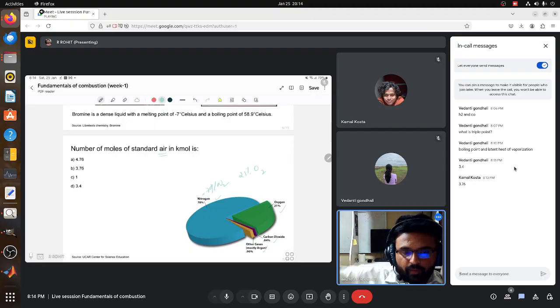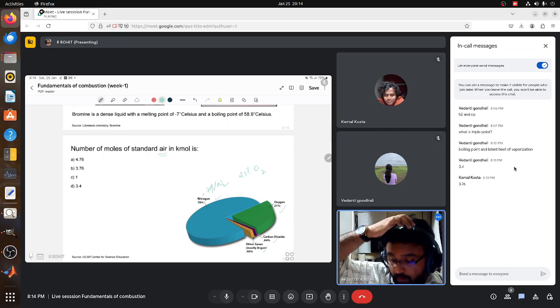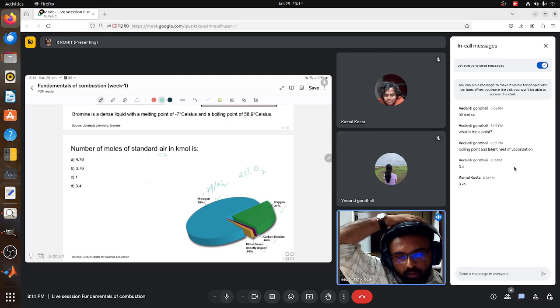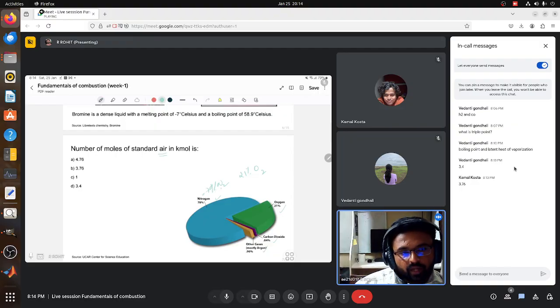So by volume, the total volume, say 100%, is 79% nitrogen and 21% oxidizer. So you will have some amount of O2 and some amount of nitrogen. This whole thing is what you call air.